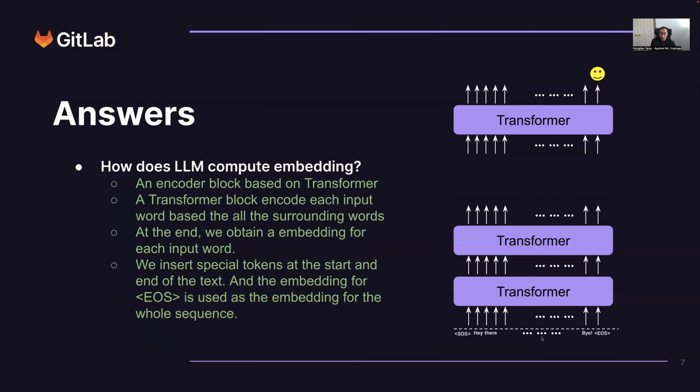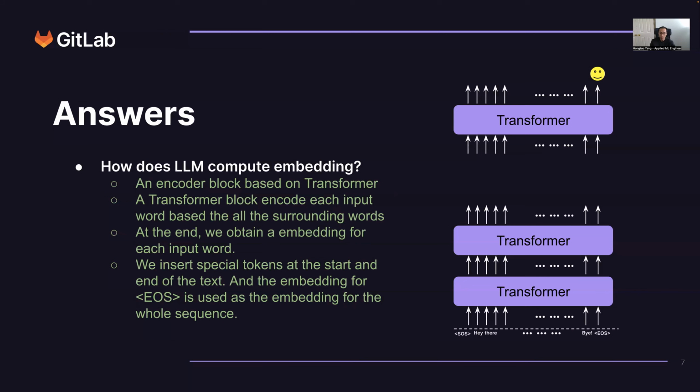So let's try to understand it here. The transformer block will output the embeddings for each word, but what we want is one embedding for the whole sentence, right? How can we obtain that from each individual embedding? Well, the simplest thing is we can average them, but by averaging we lose a lot of information, so we don't want to do that.